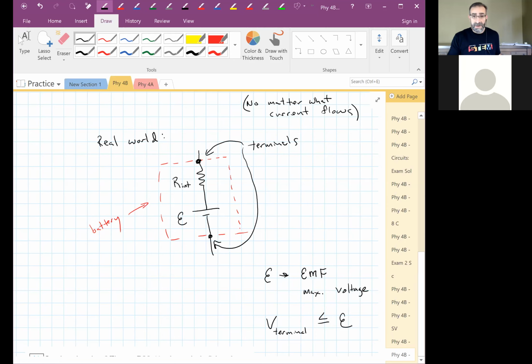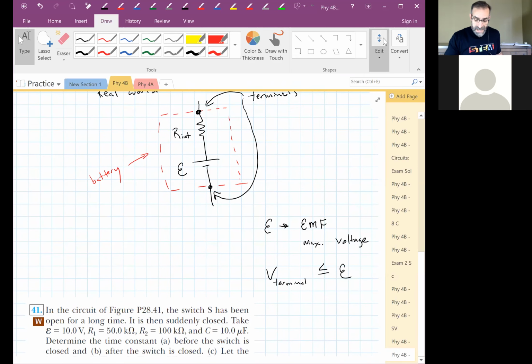There was a homework problem in the textbook where they were charging a rechargeable battery and asked what the terminal voltage was, and the terminal voltage was greater than the EMF of the battery because you're running the current backwards through that battery. But when the battery is providing the power for the circuit, the terminal voltage is always less than or equal to the EMF of the battery.